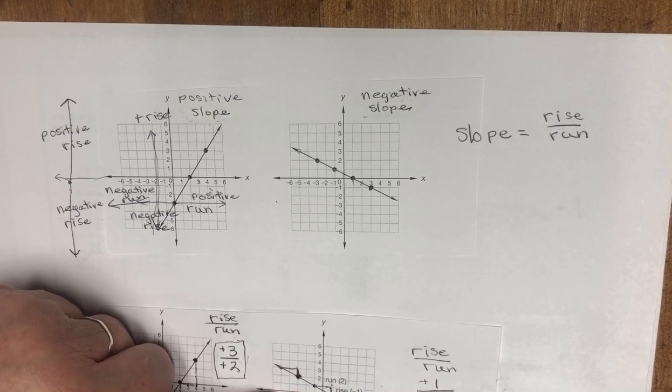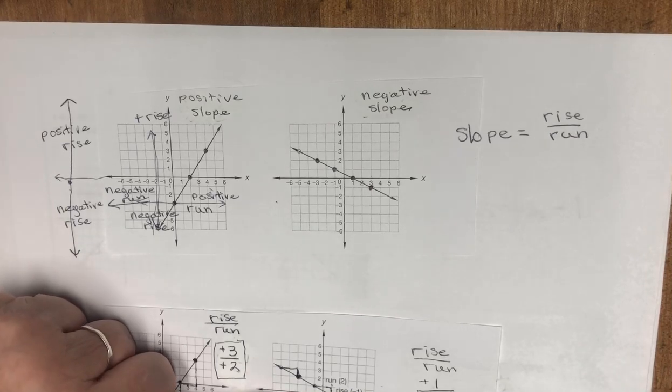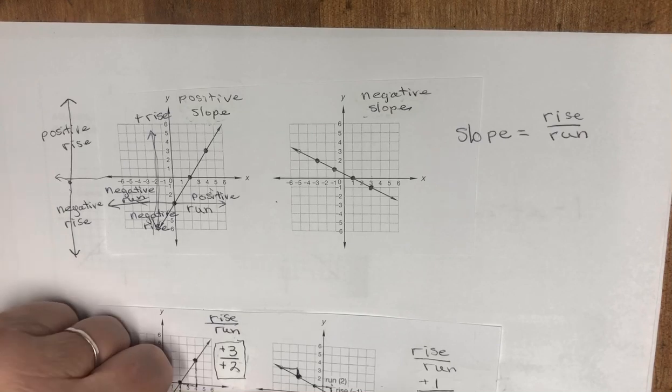And a 3 on the top. This is 3 times 1 over 3 times 2. These cancel. My answer is going to be negative 1/2. And that is the same as this one. So as long as the line is going through 2 points, you can determine the slope by counting over.